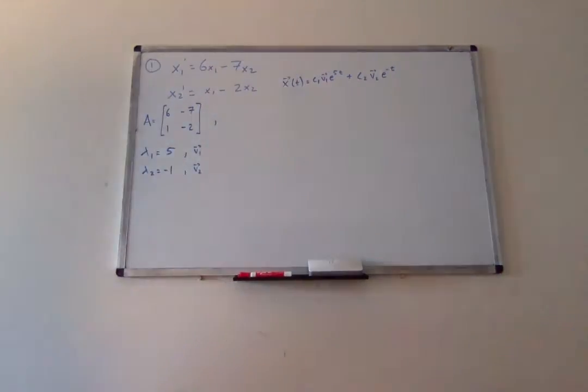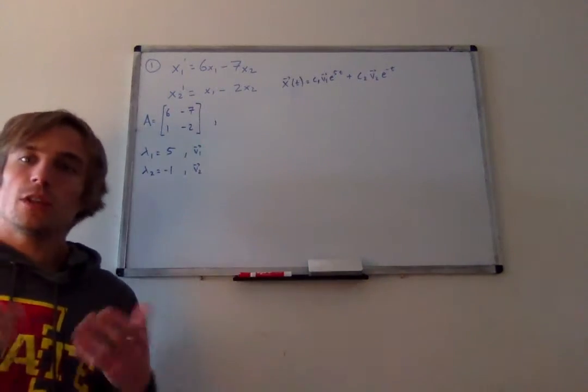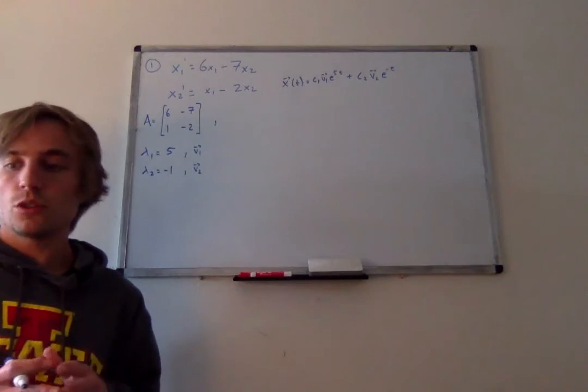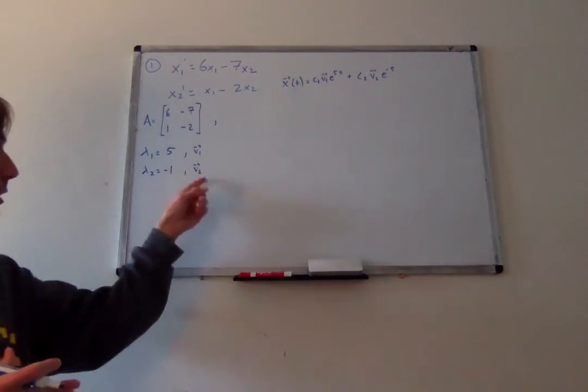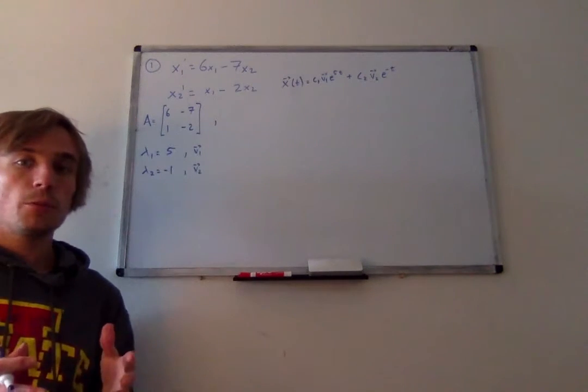Remember, v1 and v2 are both vectors of length 2, where if you read across the first row, you'd have the solution for x1, and if you read across the second row, you'd have the solution for x2. So actually all we have left, sort of using this method, is to find the eigenvectors v1 and v2.